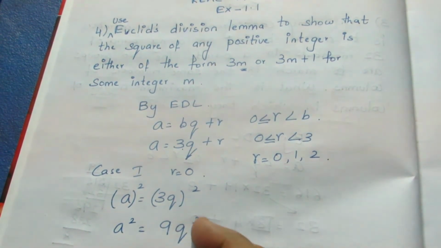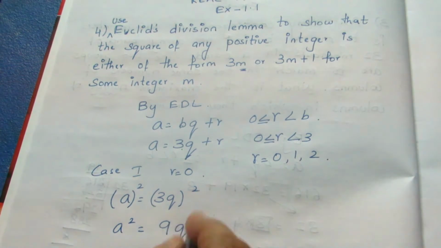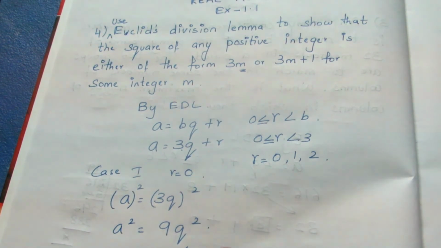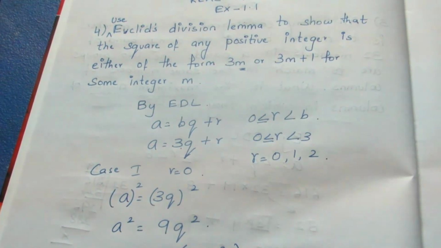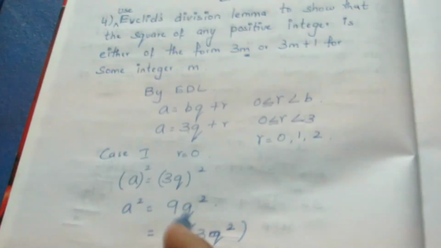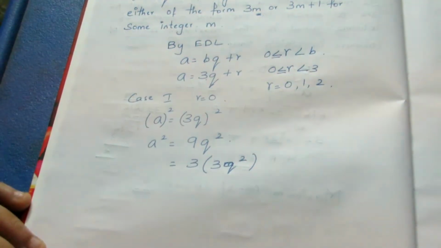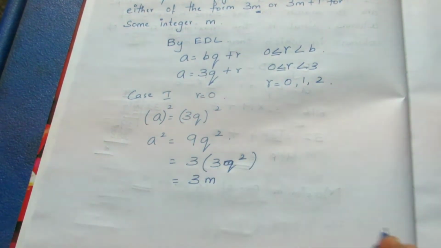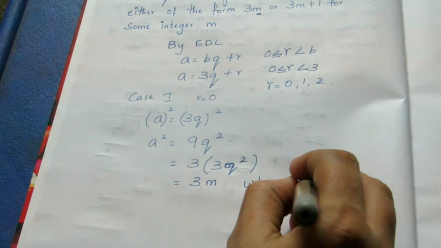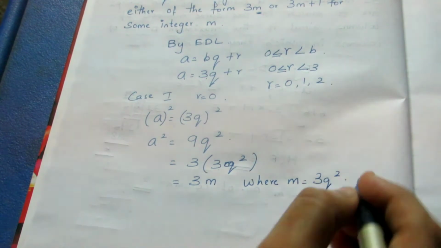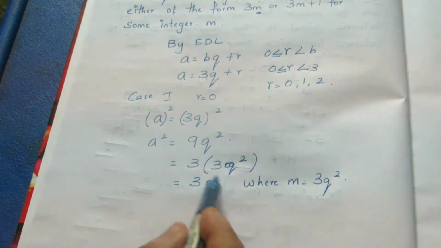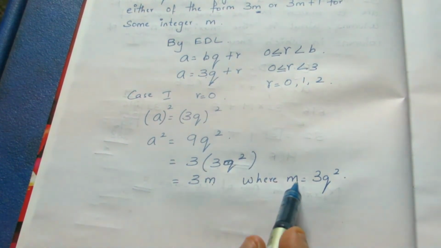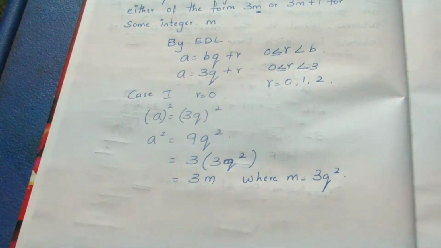They have asked us to write in the form 3m, so I am going to take 3 common over here, taking 3 outside. Here I can write this as 3m, where my m is equal to 3q square. This is the first case.